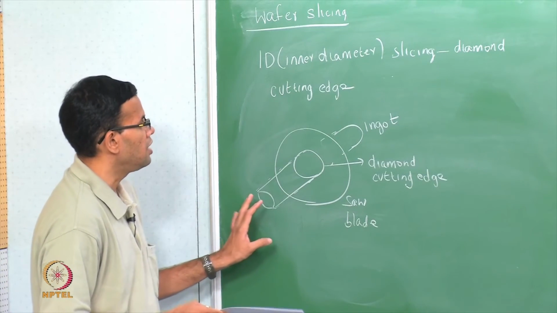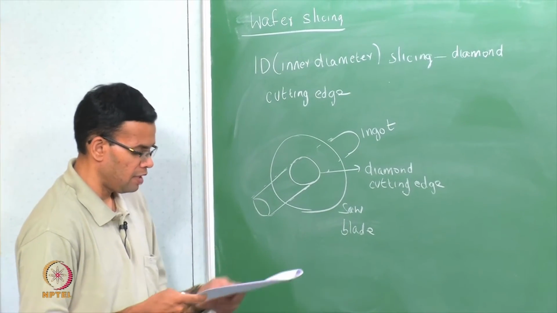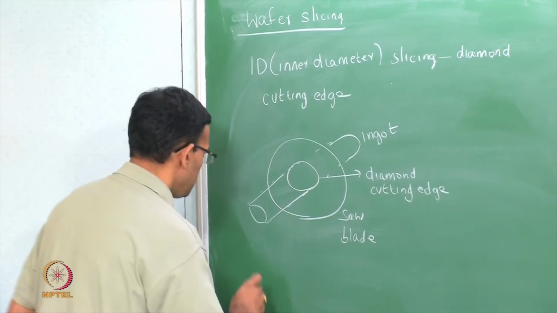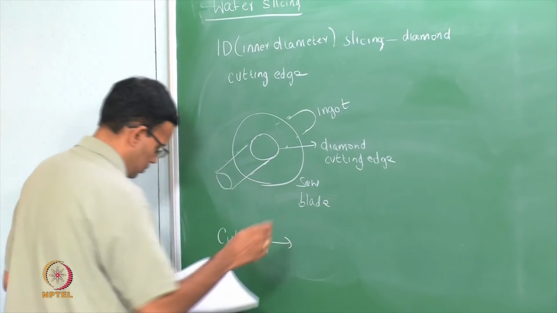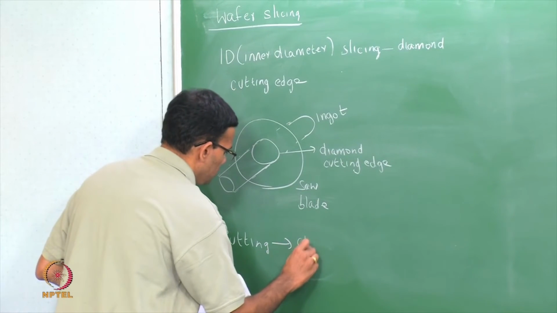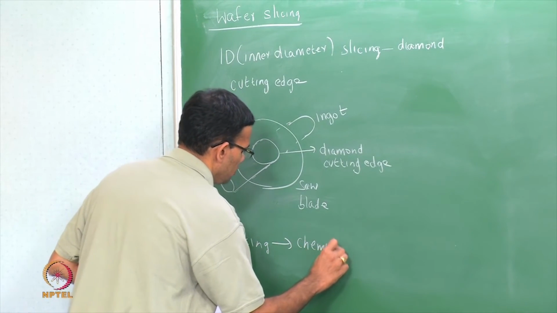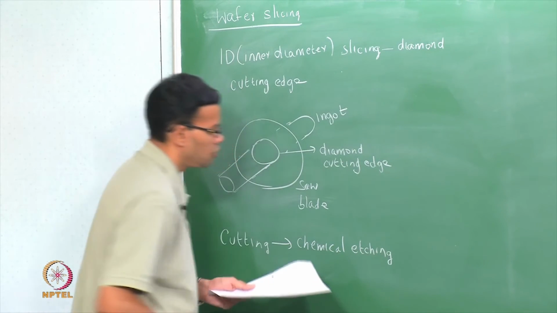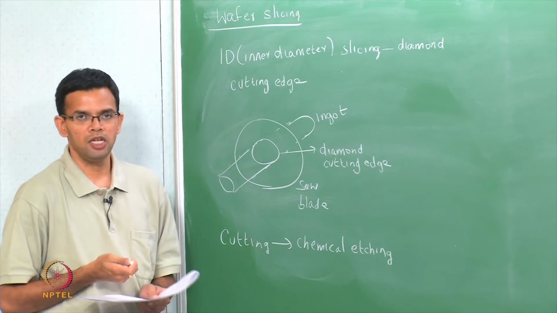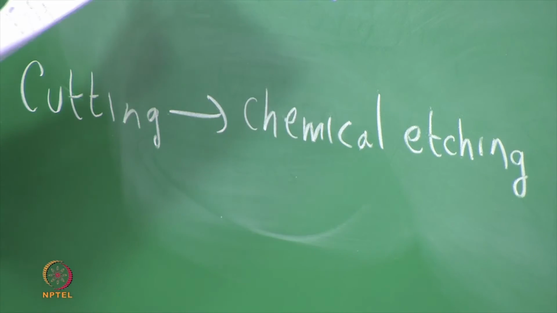So, after cutting, we do a chemical etching process. The etching removes any damaged or contaminated regions.